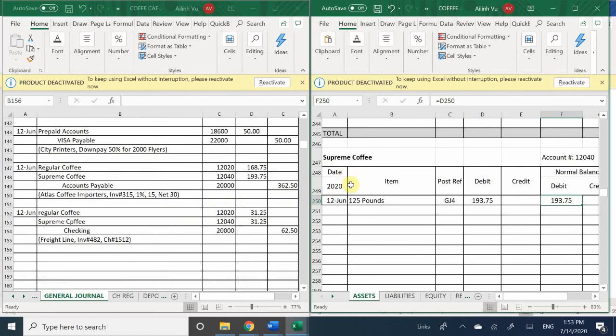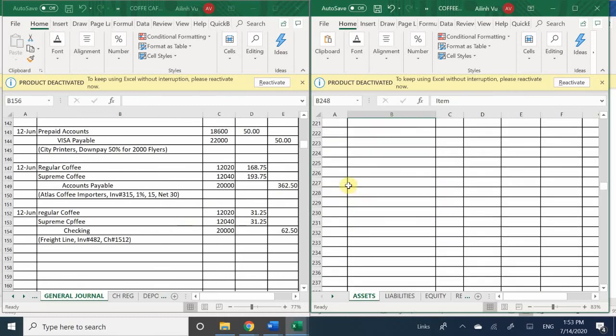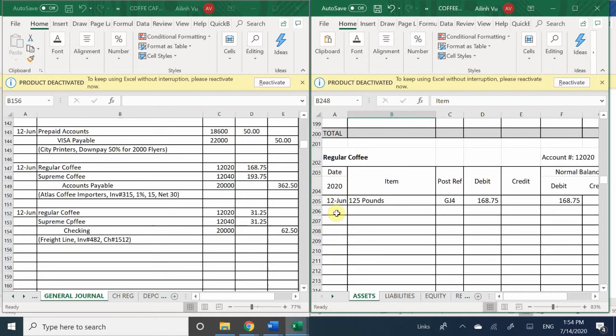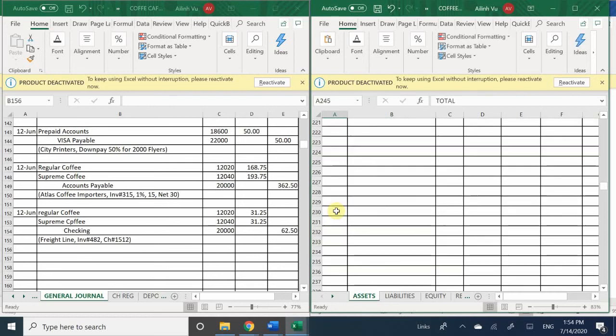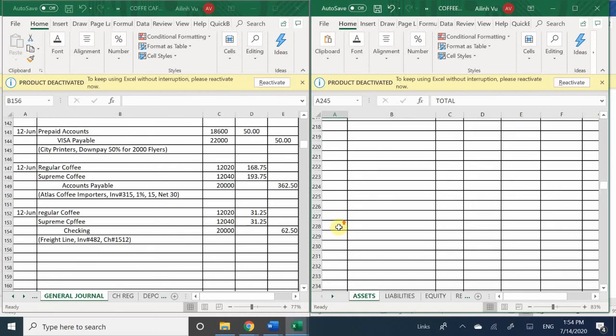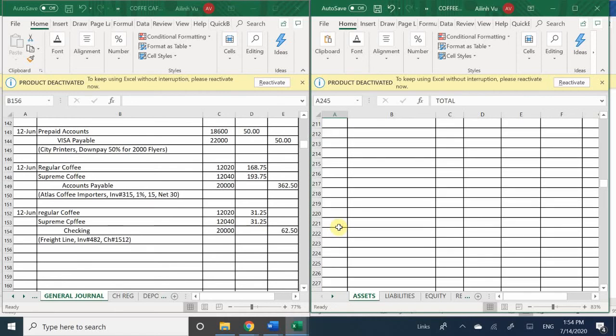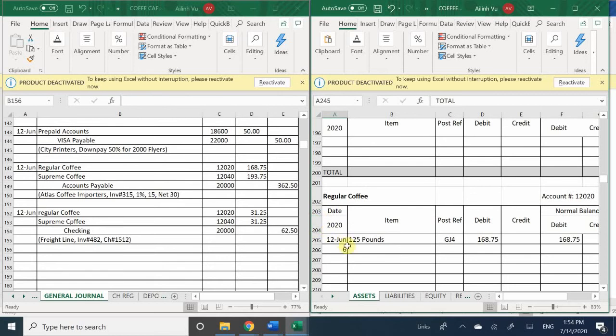Okay, so I'm going to go ahead and fill this in. So I am in my regular coffee for $6.12. Okay, so general journal number 4.